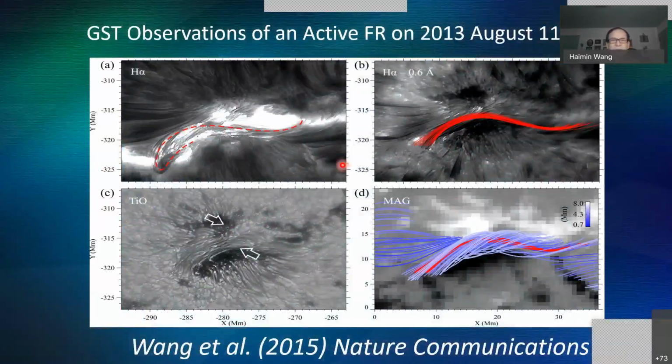Then, of course, we use the coronal field extrapolation method. We can identify that the extrapolated field structure coincides very well with what we found in H alpha. So this is a powerful tool to look at the magnetic structure with extrapolation and also with the high resolution observations.